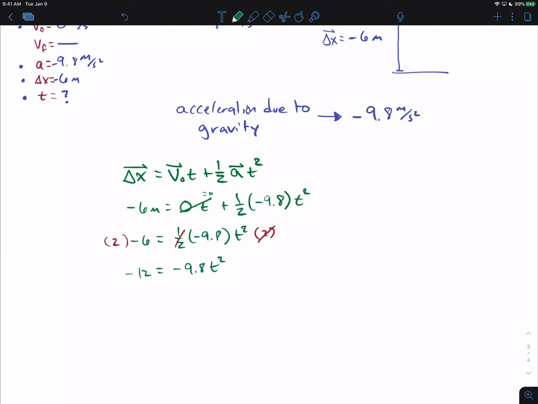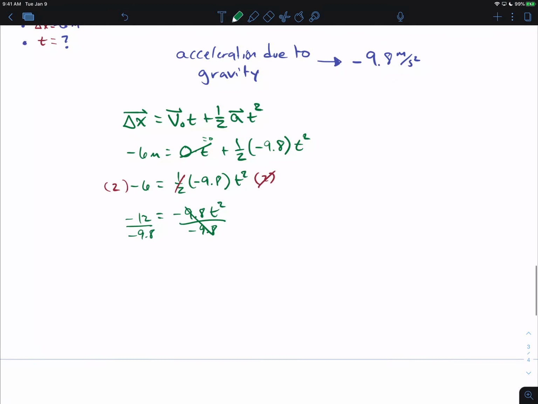So I'm going to divide both sides by negative 9.8. Perfect. This is negative 9.8 times t squared, right? So to get rid of it, I divide. So this will leave us with negative 12 over negative 9.8.